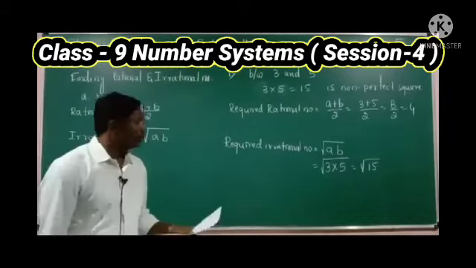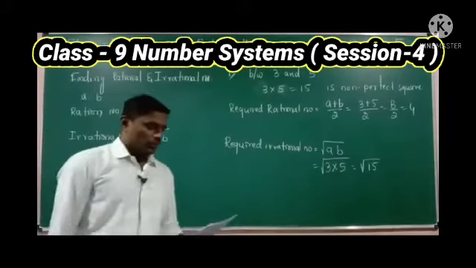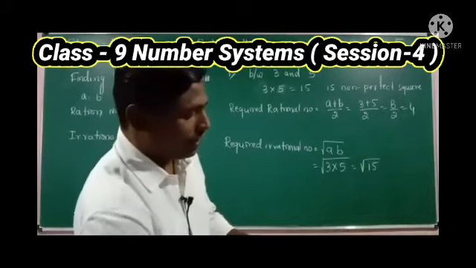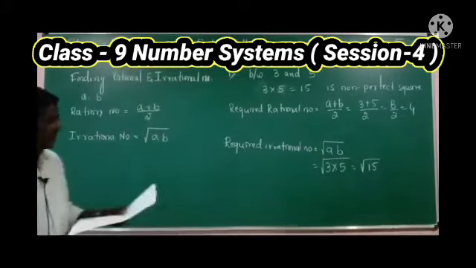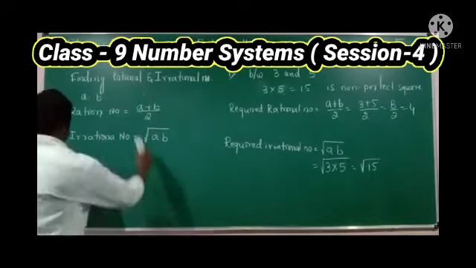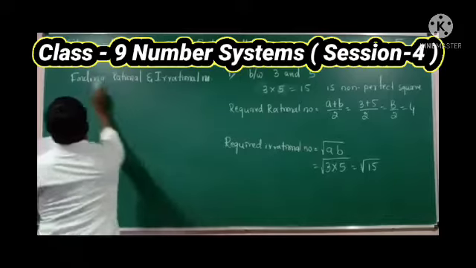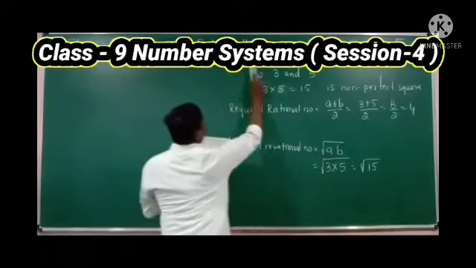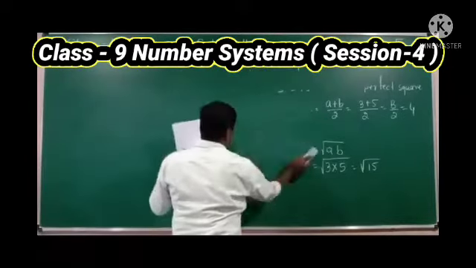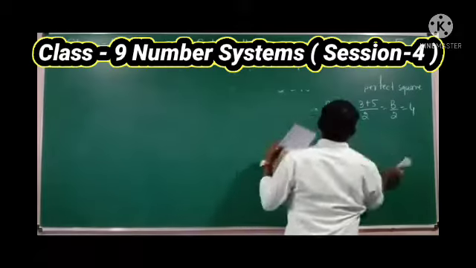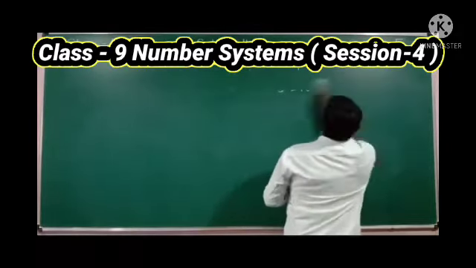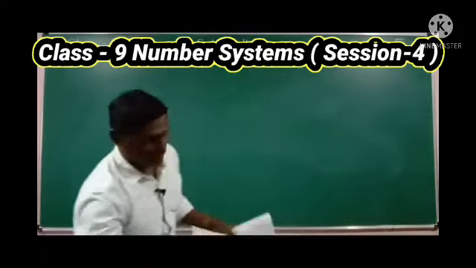Next one. See the second question. Find the two irrational numbers between 3 and 7. You need to find only two irrational numbers between 3 and 7.